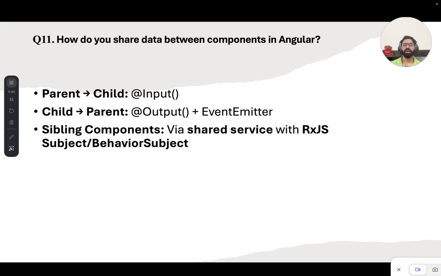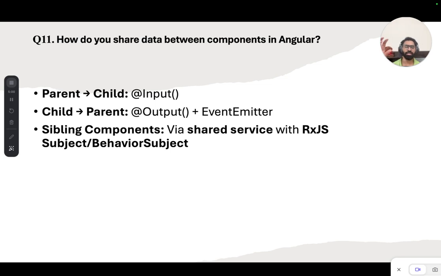Next question was, how do you share data between components in Angular? There are multiple ways, and this is a very important concept that is almost always asked. Let's say you have two components, a parent and a child.